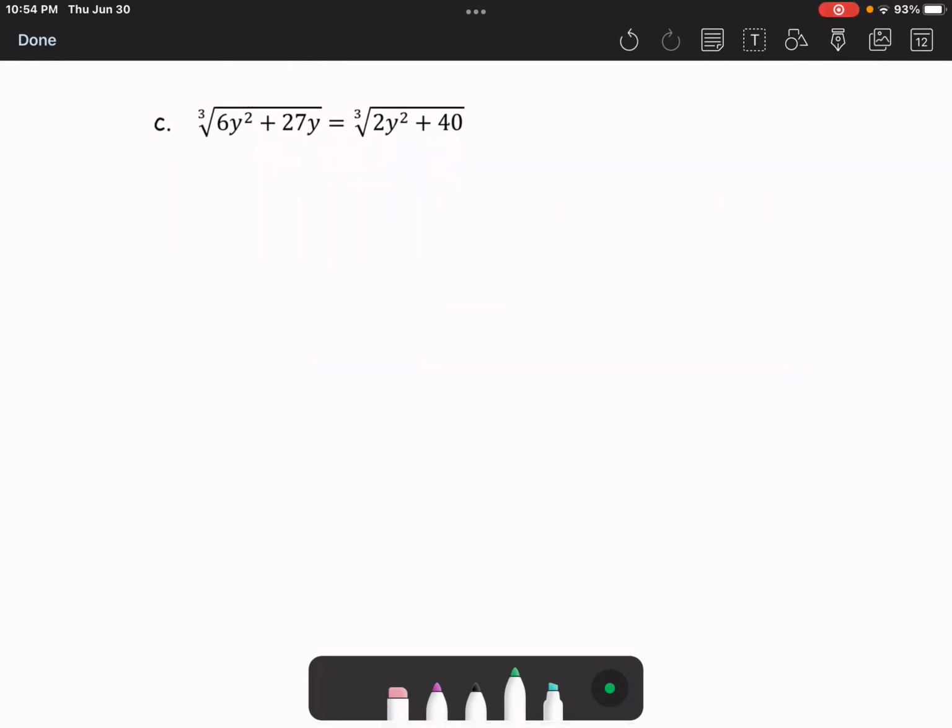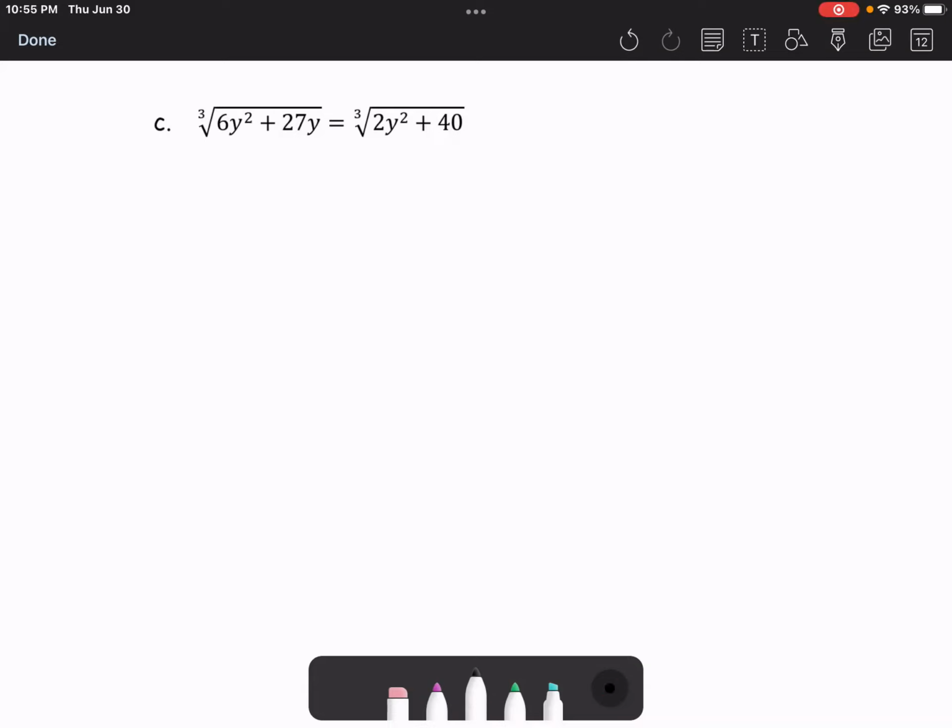Next example, we have the cube root of the expression 6y squared plus 27y equals the cube root of 2y to the second plus 40. We have two radical forms, and each side has only a single radical.